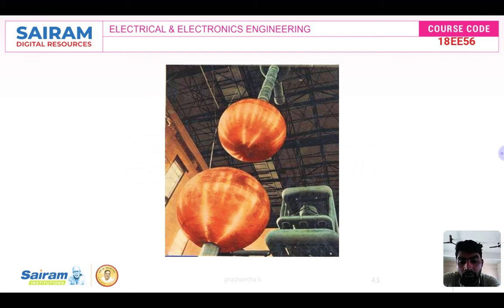That and all we are going to see at CPRI. I think in the third semester we went there for the industrial visit. There we have seen how the sparking will occur and how the sphere gap arrangement operates.